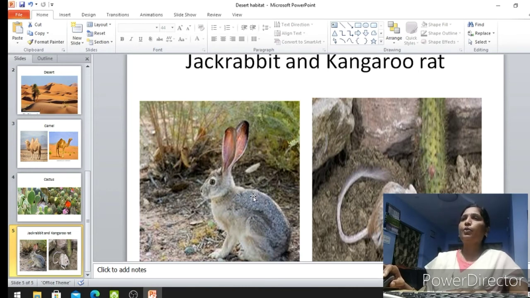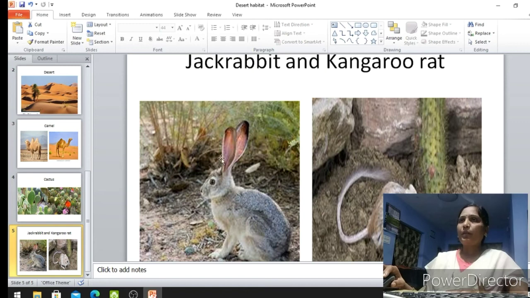Camouflage means their color will merge into the surroundings so that no predator can see them. They can escape from the predators. That adaptation this jackrabbit is showing, which lives in the desert areas.